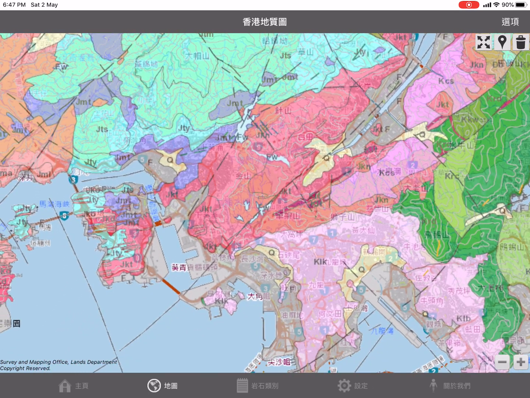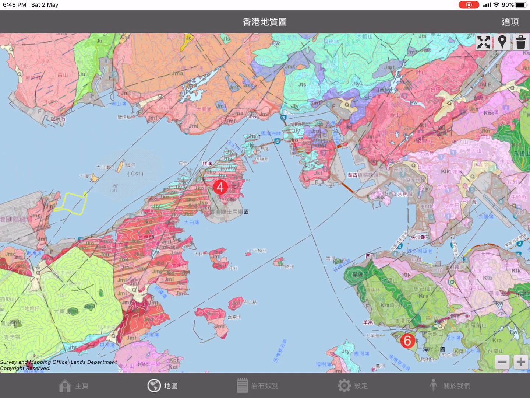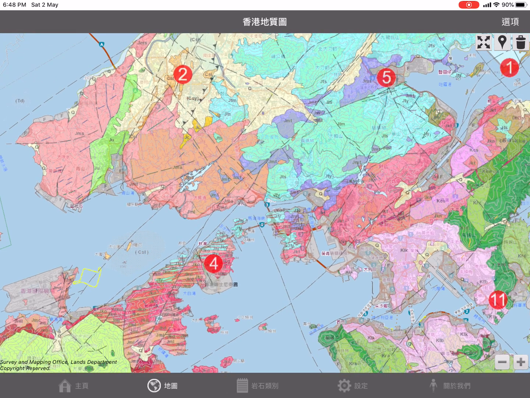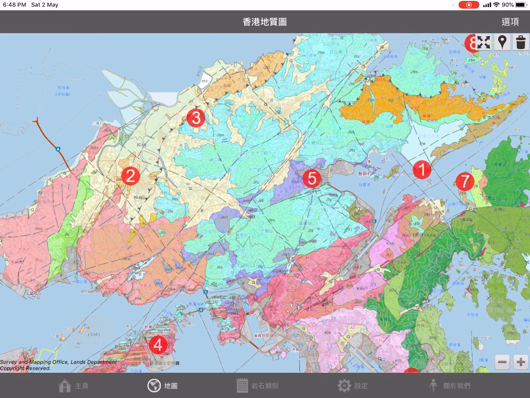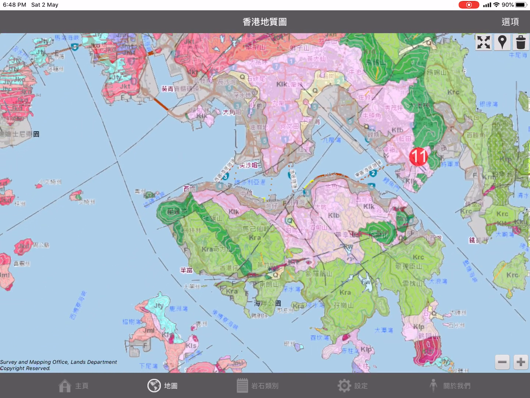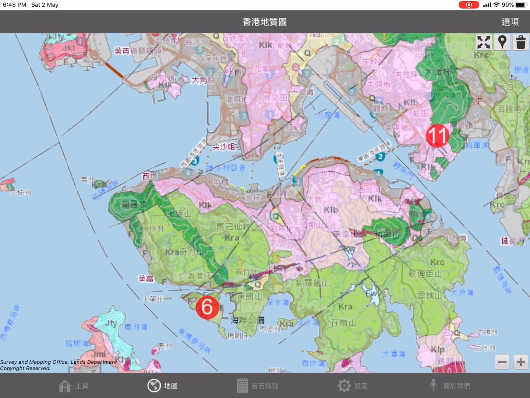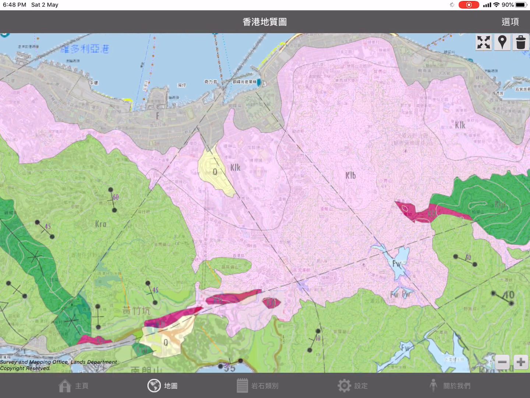Okay, not just the Shing Mun Valley itself. You can see there are a lot of fault lines in Hong Kong, which mostly developed into valleys. Any more examples I can give you? For example, Happy Valley.